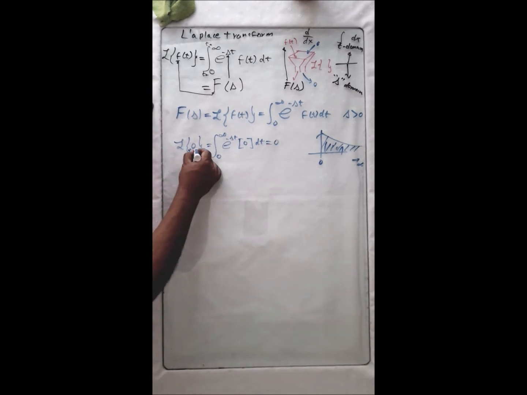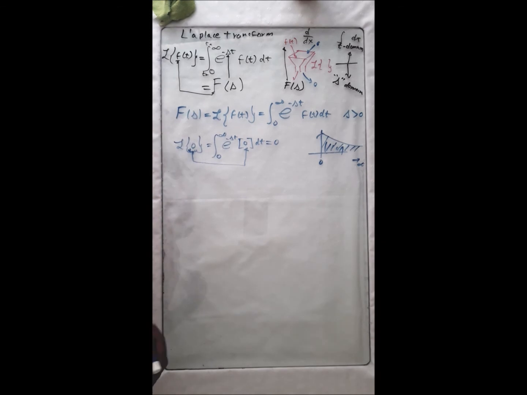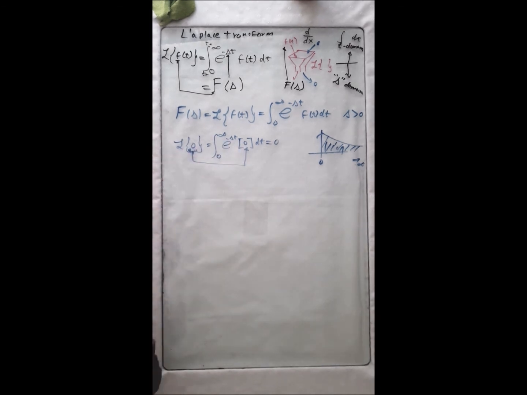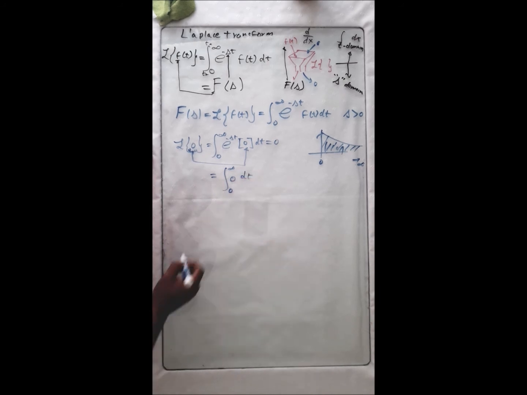Whatever you have here is going to be inserted here. Could be 0, could be t squared, could be the sine of t, could be the exponential of t. No matter what you have here, it is going to be here. Now, how much is 0 times the exponential? So that is the integral of 0 from 0 to infinite, differential of t. What is the integral of 0?